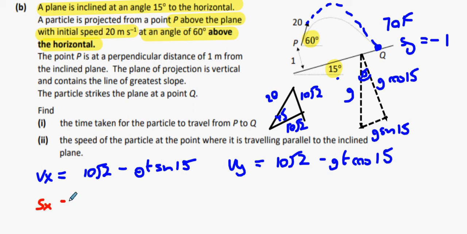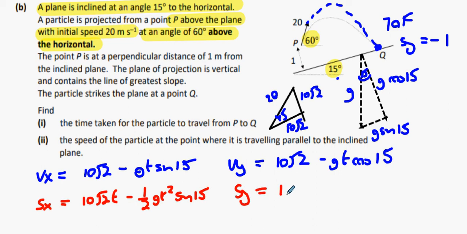Sx is 10 root 2t minus a half gt squared sin 15. Sy is 10 root 2t minus a half gt squared cos 15.